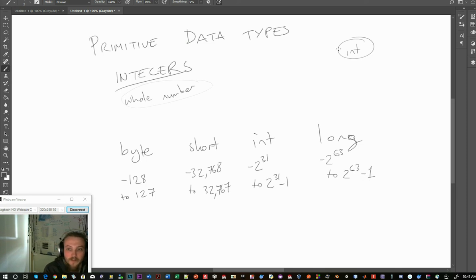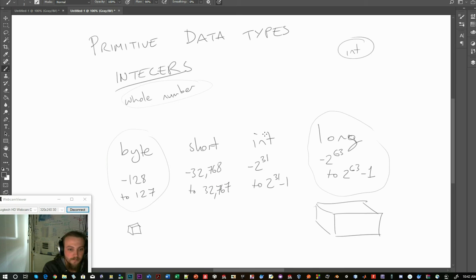Okay, so you can clearly see that the byte, it can hold whole numbers, but its range is a lot smaller. So it can only hold very small numbers. If you look at a long, it can also hold whole numbers, but a lot larger ones. So you can think of this as like a small box, and this is a very big box. But they can only hold whole numbers.